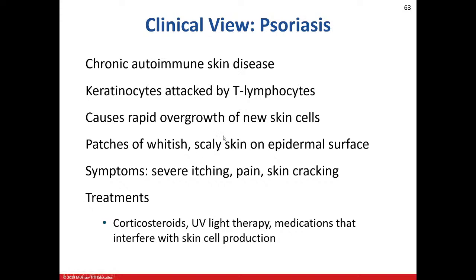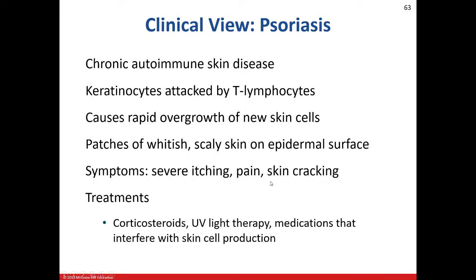We'll see division of the stratum basale in regions that aren't necessarily under attack. And that results in patches of whitish, scaly skin on the epidermal surface because, again, these cells are dividing too much in response to the attack by the T lymphocytes.